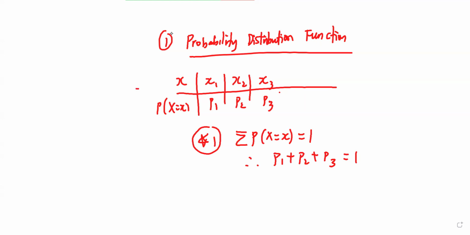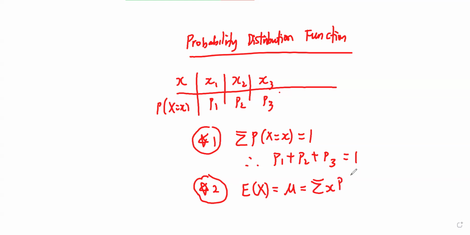So concept number two is we usually, other than the probability, are keen to also explore the expectation. So the expectation of x, which equals your mu, will be equal to the summation of x multiplied by its probability.